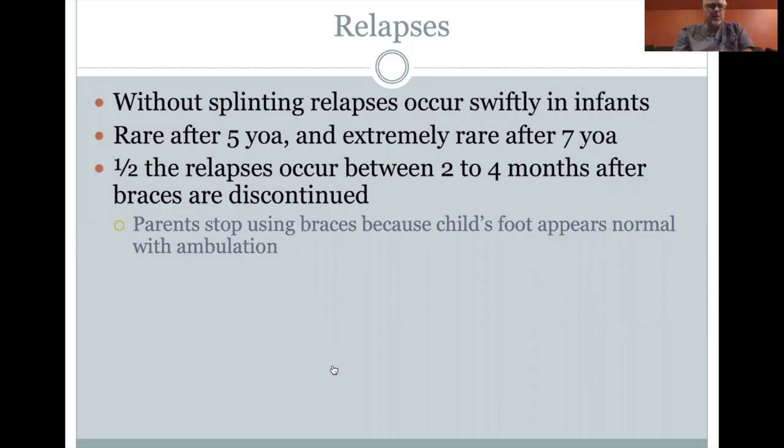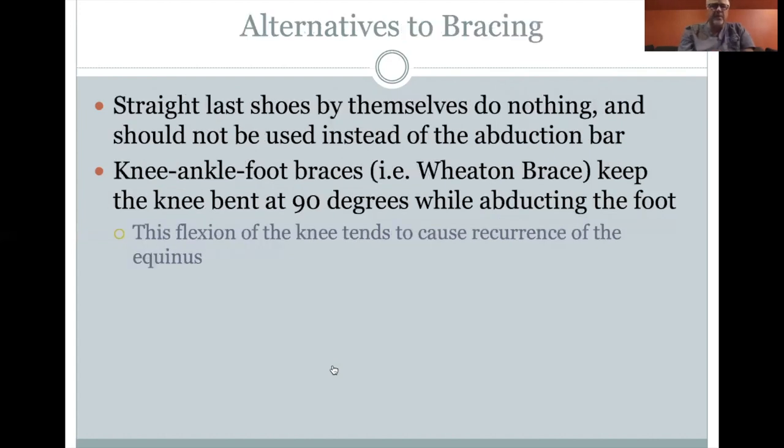Because it is a bit labor intensive, they have to fight the kids getting the brace on. Sometimes they have problems with sleeping with the brace, and it's not always a fun experience, but it's really, really critical to maintain the correction of deformity and to prevent recurrence.